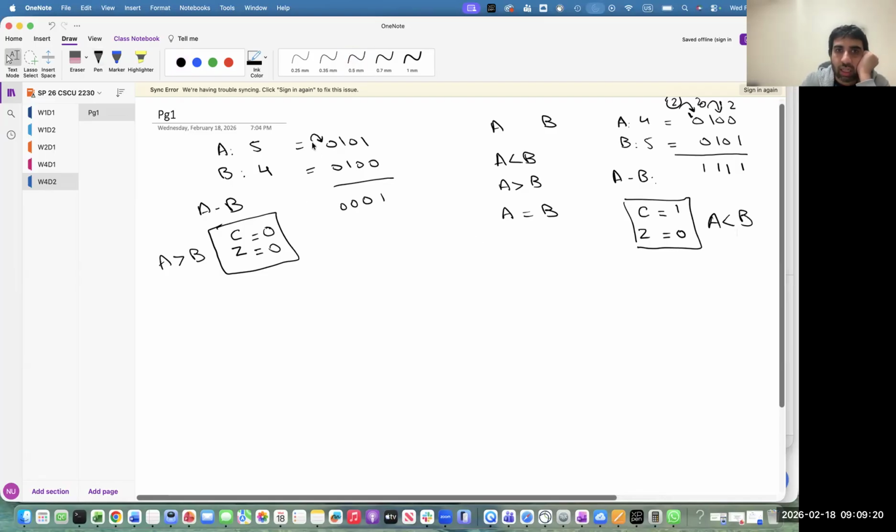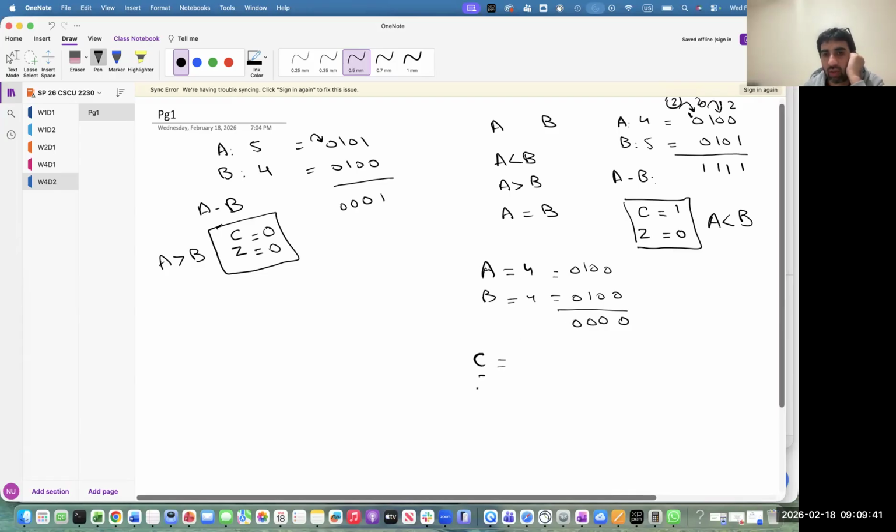Now let's consider the third case, right? And here I'm saying A is equal to 4, B is equal to 4. So 0, 1, 0, 0, 0, 1, 0, 0. When I do the subtraction, 0, 0, 0, 0. What is the value of C flag and what is the value of Z flag?